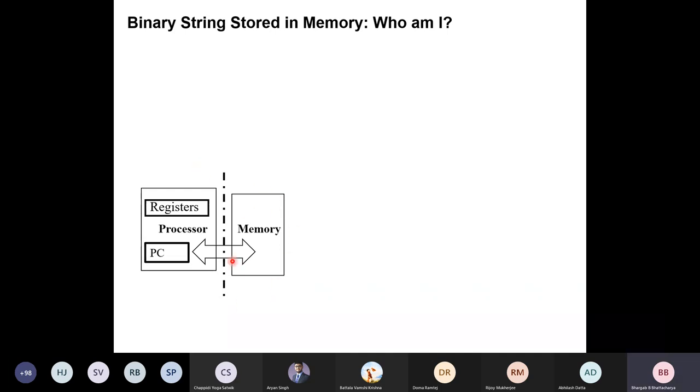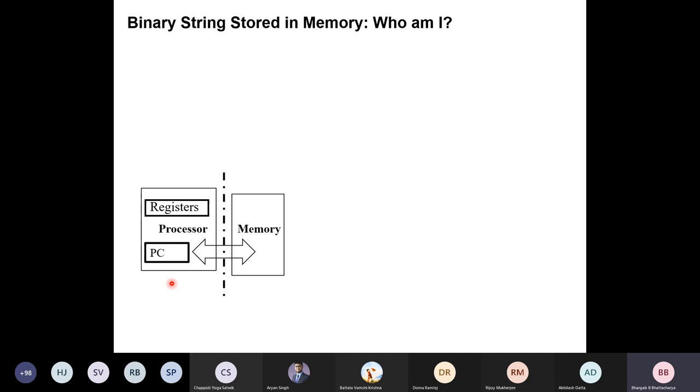You have a memory block here. This is the processor or CPU. It has an arithmetic logic unit, controllers, data bus, and so on. It also has some registers, which serve as local memory. And there is a special counter here which is called the program counter. We'll talk about the role of the program counter in detail later.